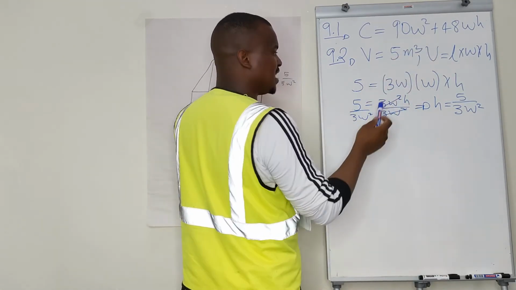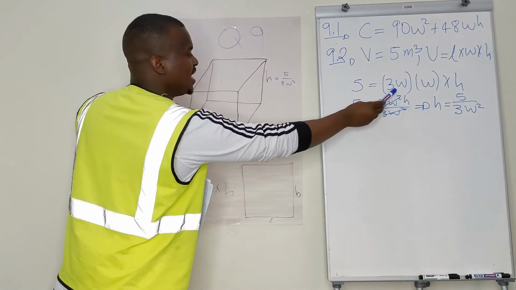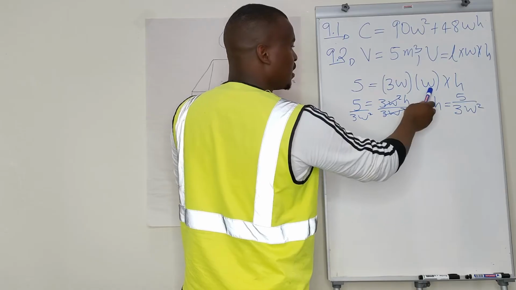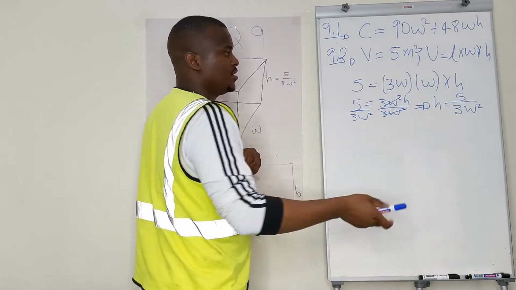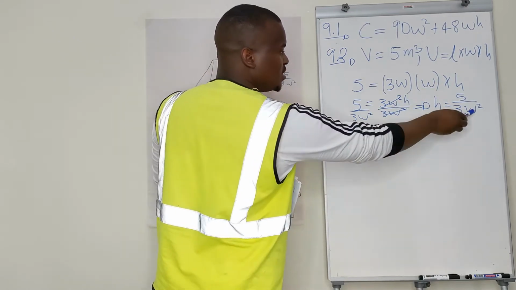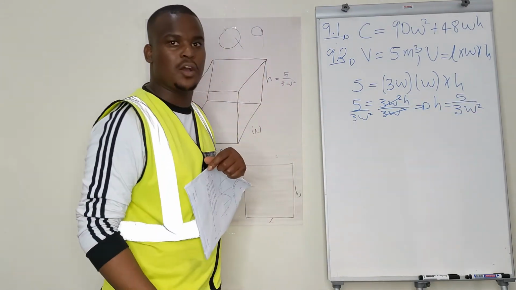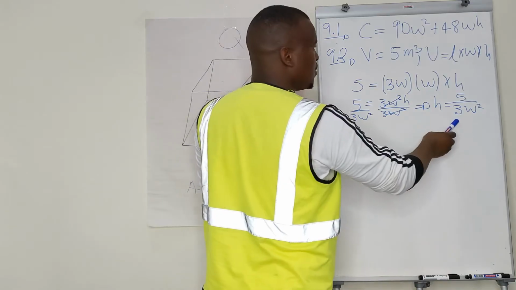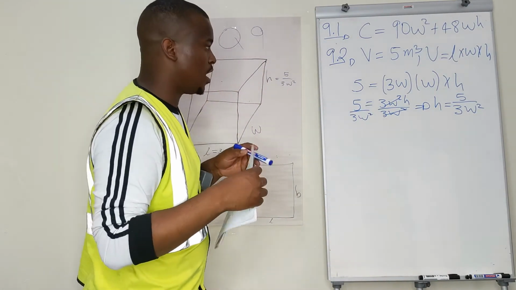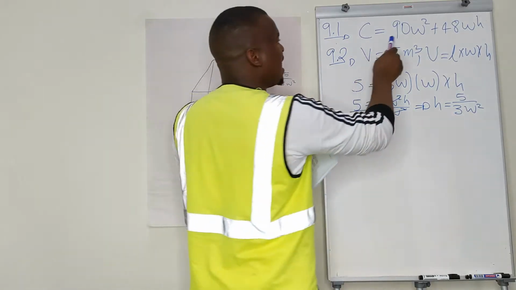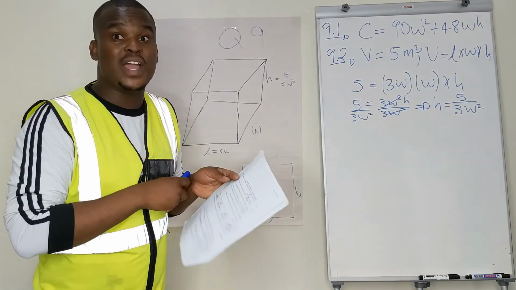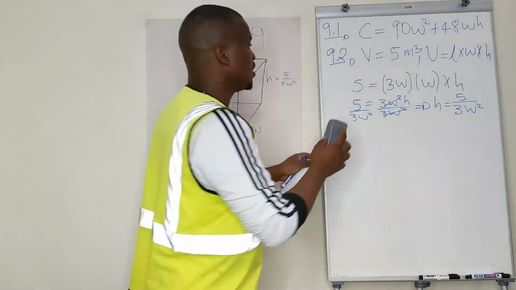Your L, you were told, is 3 times the width. And your width, you assume is w, and your h, you assume is h. And then you solve for h. h is expressed in terms of w now. Once you have h in terms of w, you can substitute it back into the cost equation. So that's what I'm going to do now: write this as it is and substitute my h so that our height can also be expressed in terms of w.